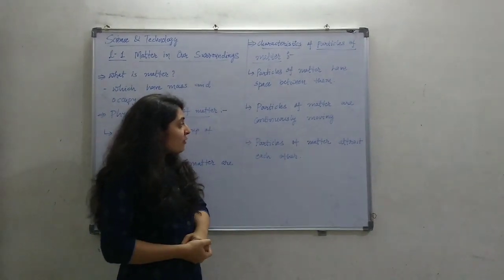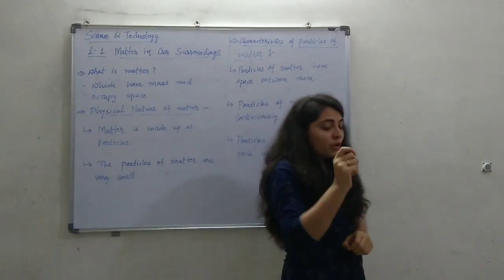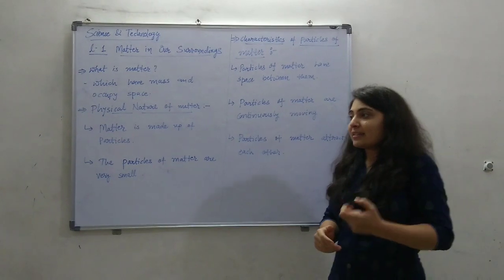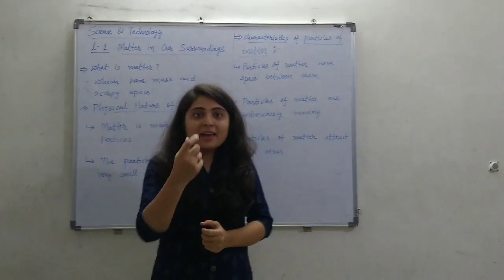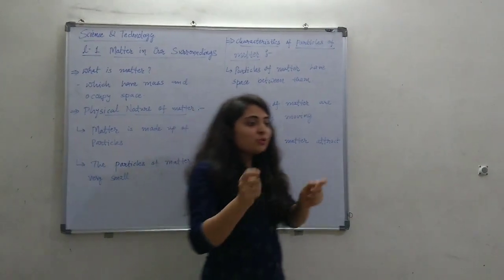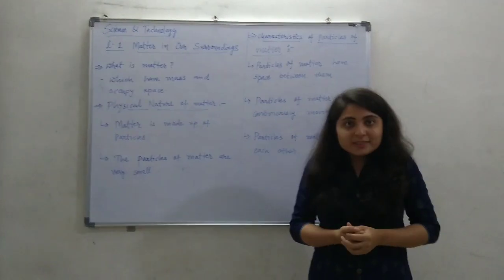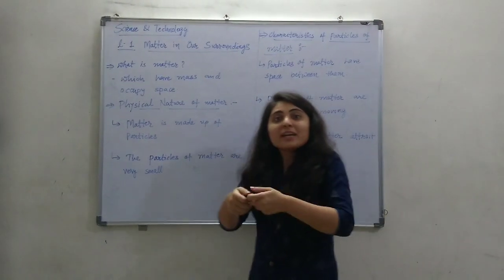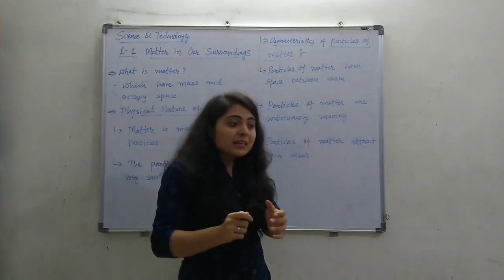Third property, particles of matter attract each other. For that, we can take an example. When we take a chalk stick and an iron nail, the chalk stick is broken easily, but the iron nail is not broken easily.